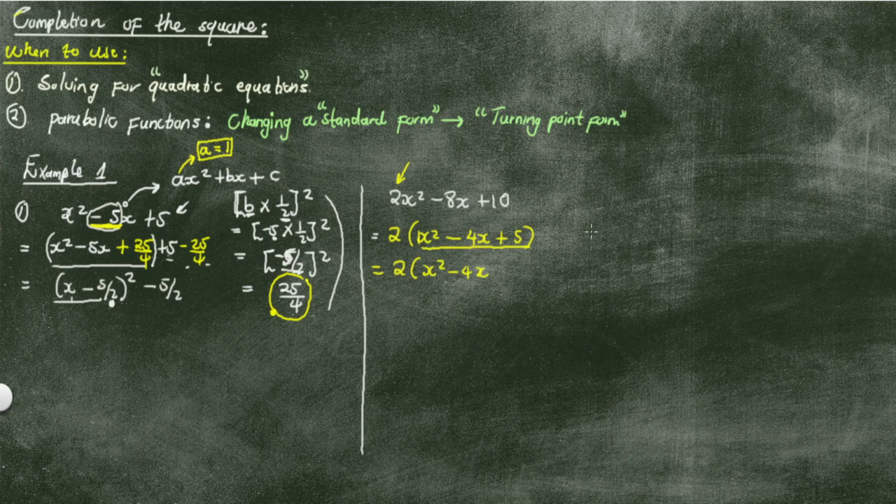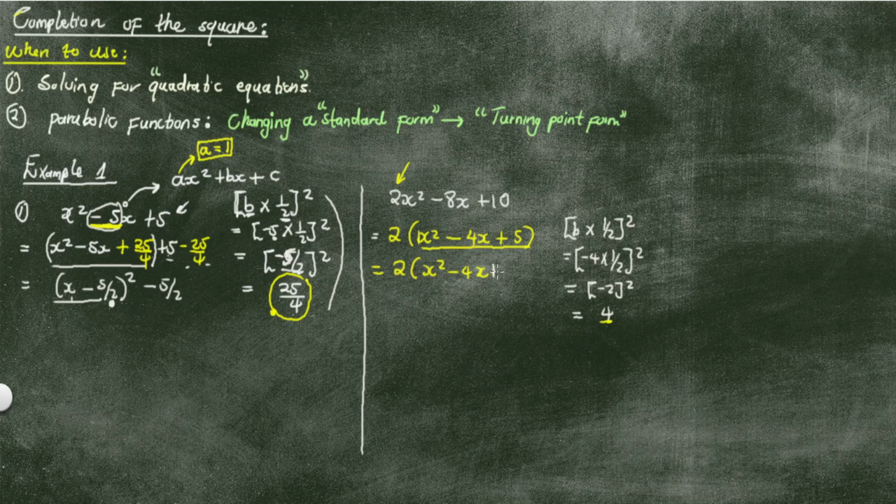Then I'm going to take the b value and multiply by a half, then square. What is b? B is minus 4 this time. Multiplied by a half squared is equal to minus 4 times a half, which is minus 2, then squared is equal to 4.